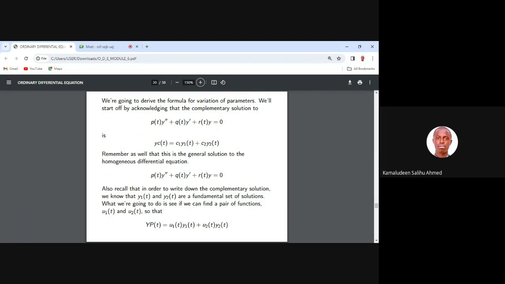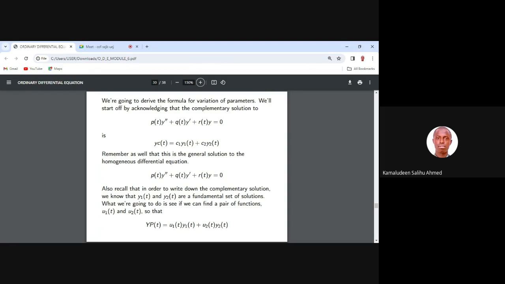We are going to derive the formula before we start using it, the variation of parameters formula. In mathematics, mathematicians always like proving things first, so that when you prove it and see the formula, anytime you want to solve a problem you can quickly recall the formula and apply it, just like the quadratic equation.